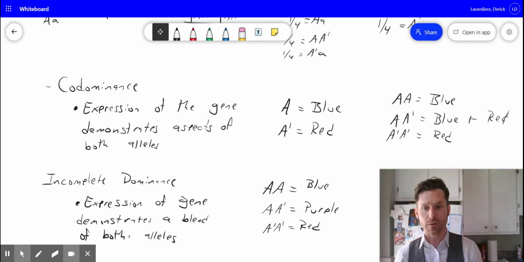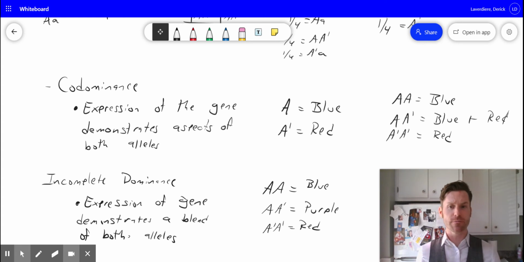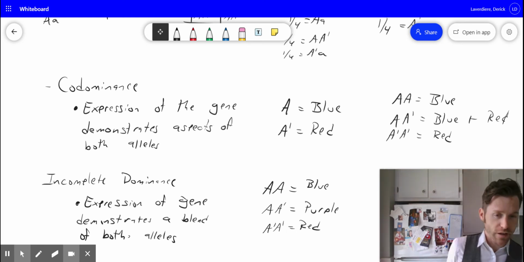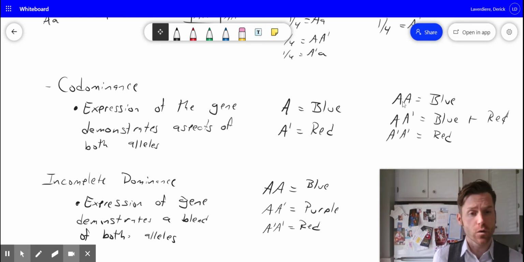Codominance. Again, this is when the expression of the gene demonstrates aspects of both alleles. They're showing up together, like co-workers. Okay? And so in this model, I have big A being blue, and I have big A prime being red. So a homozygote organism that is big A homozygote is going to be looking blue.